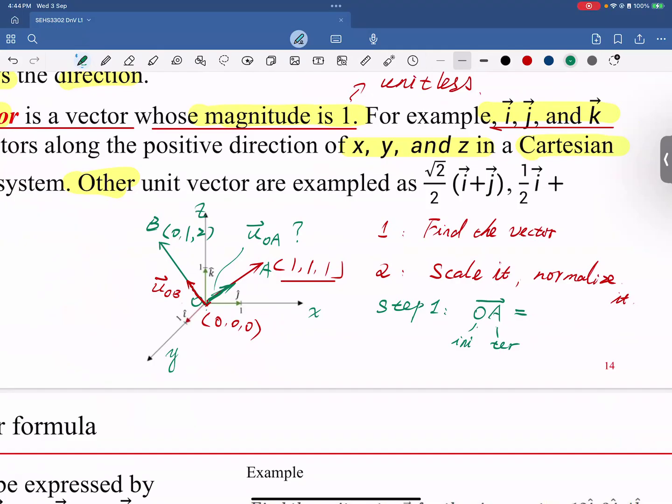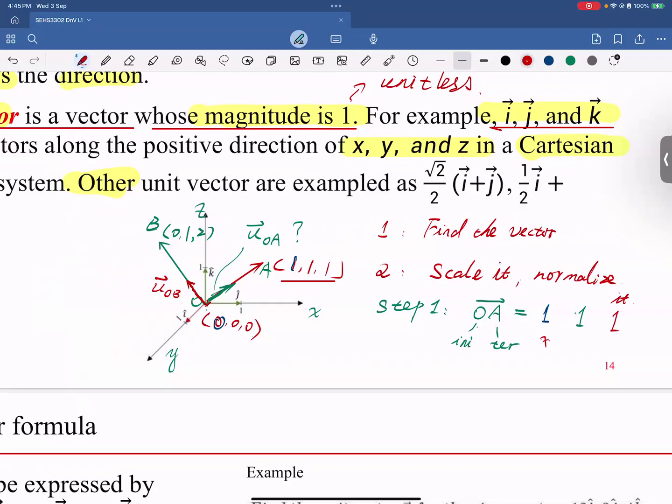So how to do this minus? 1 minus 0 along X is 1, right? 1 minus 0 along Y also 1, but we write in green. And 1 minus 0 in Z still 1, right? And I just write in red.